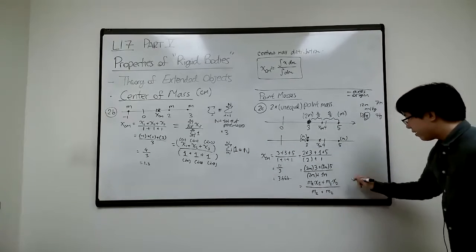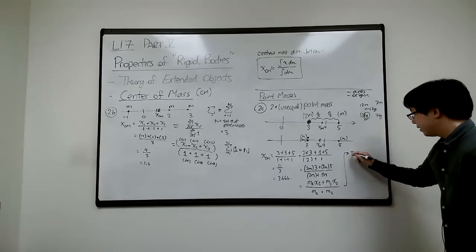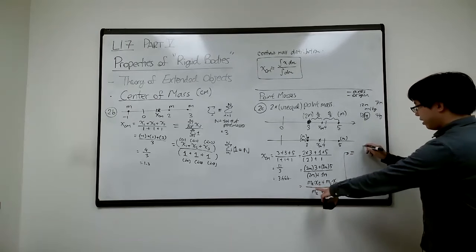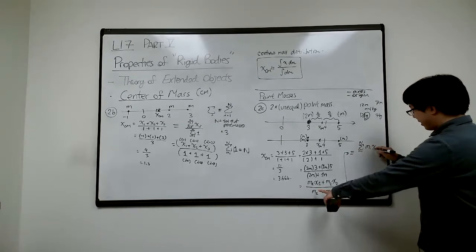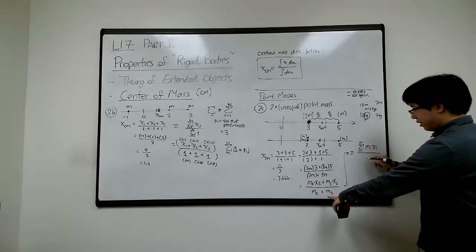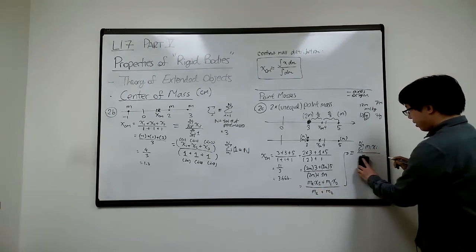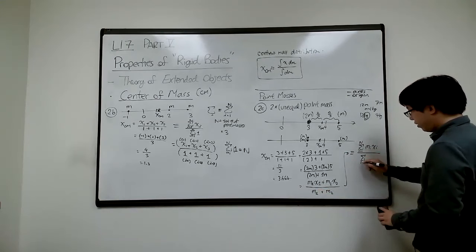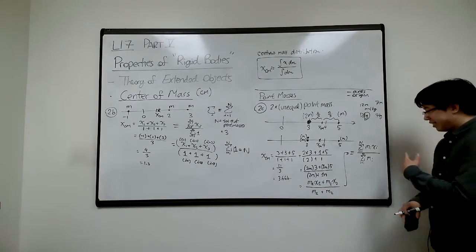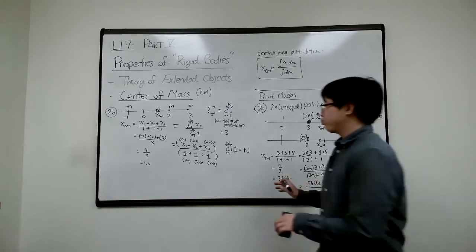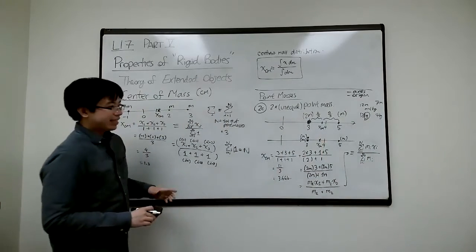Okay, so I can write this more neatly, right? This is identical to the sum of i equals 1 to n of m_i x_i over the sum of m_i, like this. Okay, and yeah, so now you see we have reproduced the general formula.